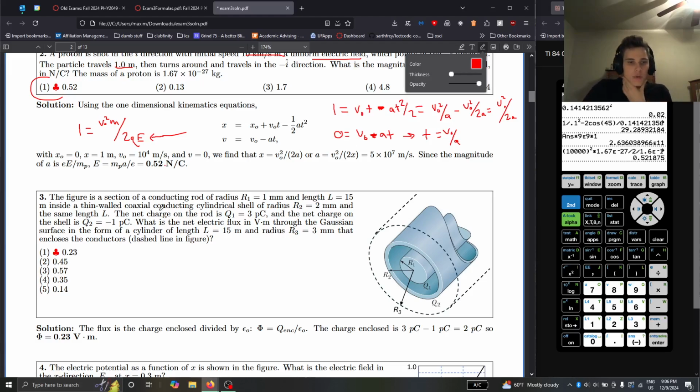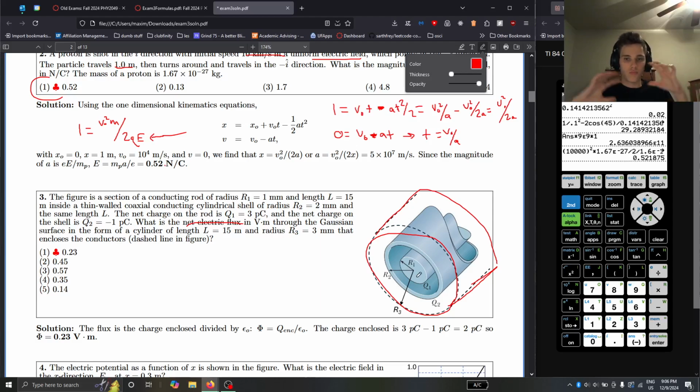Okay, next question. This question gives us a lot of random stuff, and it's frankly just not something to be intimidated by. Let's start from the back. We want the net electric flux through the Gaussian surface outlined here with length 15 meters, which encompasses the entire cylinder, and radius 3 millimeters, which also encompasses the entire cylinder.